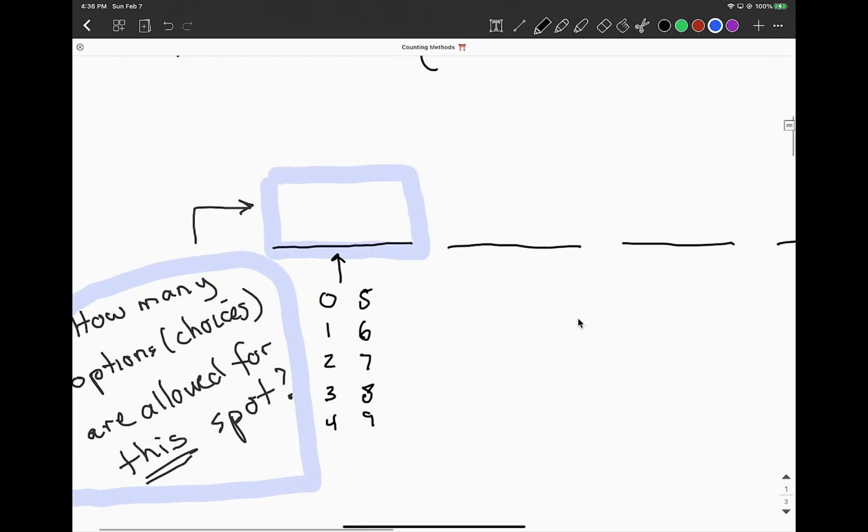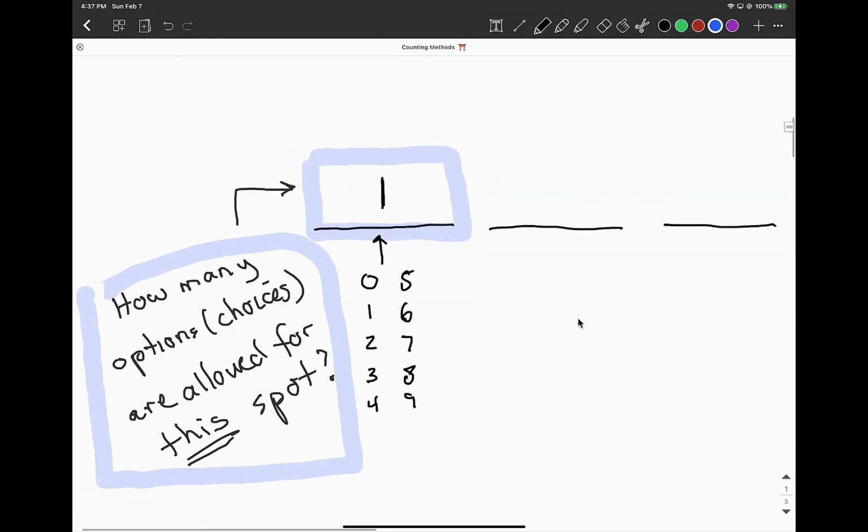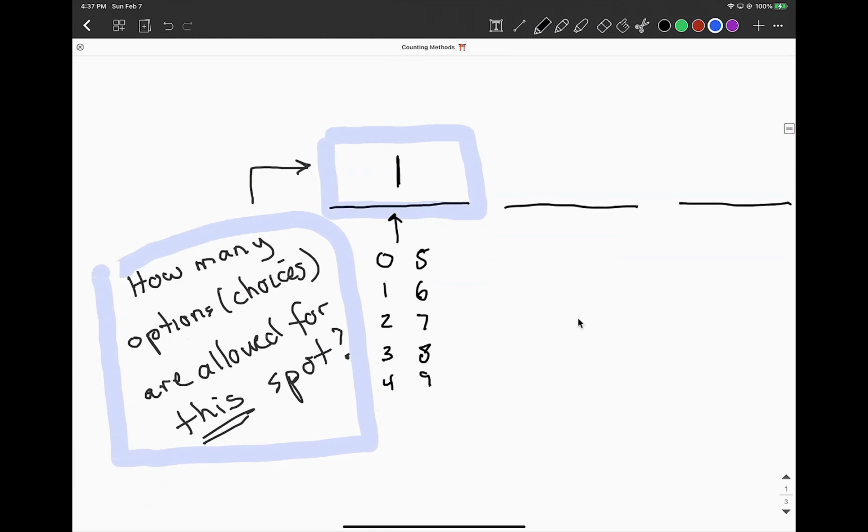You're picking one of these numbers, but that's not what we're writing here. We're not writing that you're only picking one. That's not what the fundamental counting principle wants us to sort out. It wants us to figure out the total, the universe of this. So how many options are there at the moment? There are 10 options.